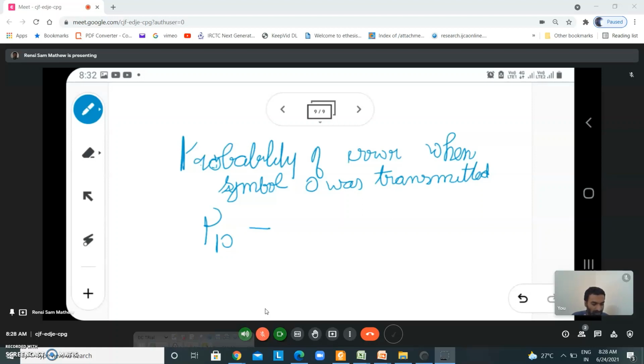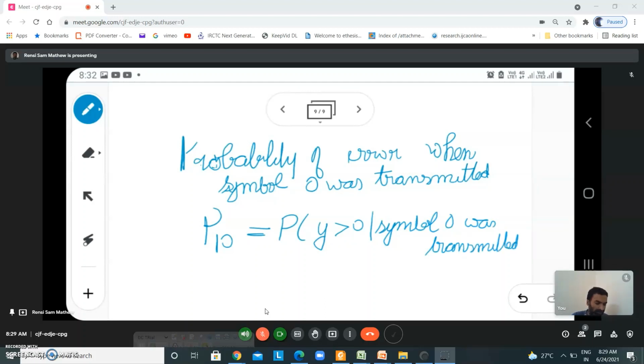This is equal to the probability of y greater than 0 given symbol 0 was transmitted, which means the probability of x1 greater than 0 given 0 was transmitted.